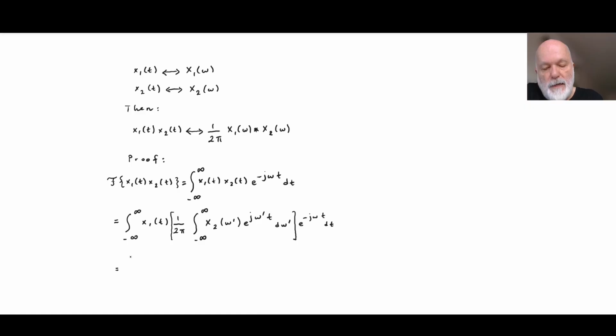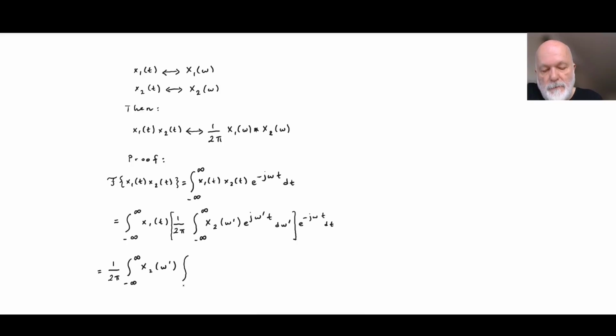So we have from minus infinity to plus infinity x2 of omega prime. We can write 1 over 2 pi as the constant term multiplier and take it outside the integral, 1 over 2 pi.